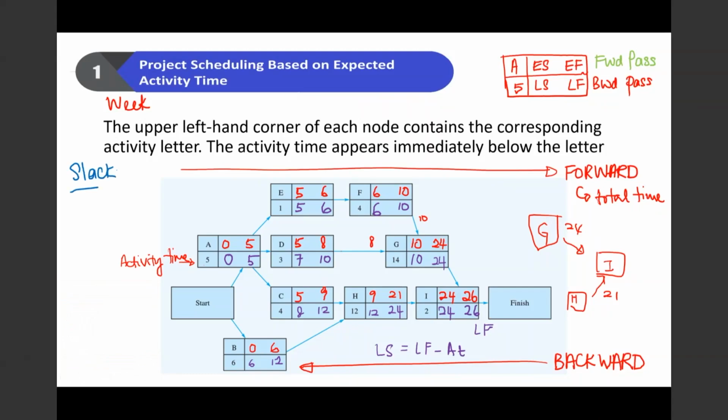Slack is early finish minus early start or late finish minus late start. That is the value of slack. So for activity A, late finish minus early finish, or late start minus early start.